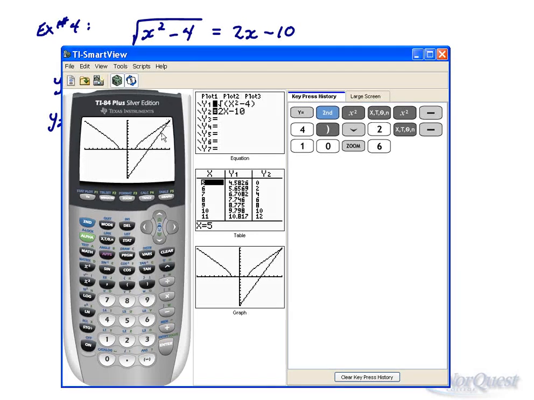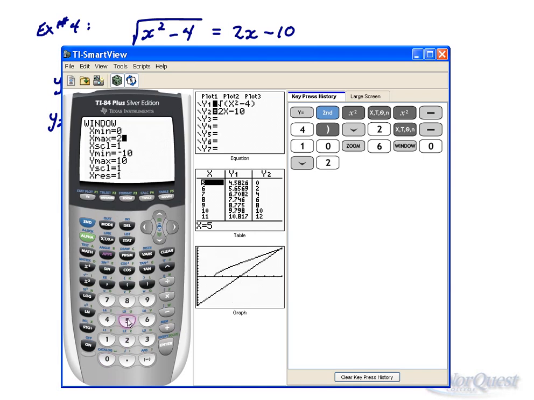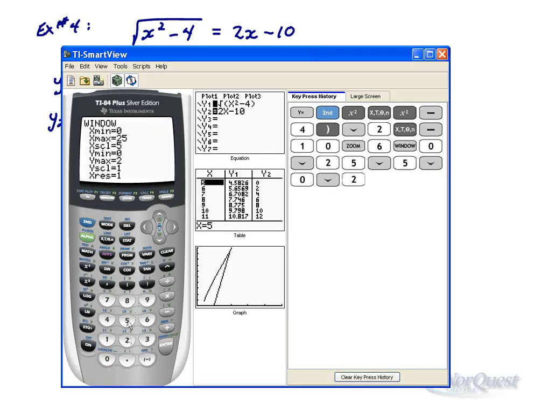So we're going to extend our x, we're going to extend our y using our window settings. So let's go from 0 to, again, 25, up by 5s, for both, and we'll see how that looks.